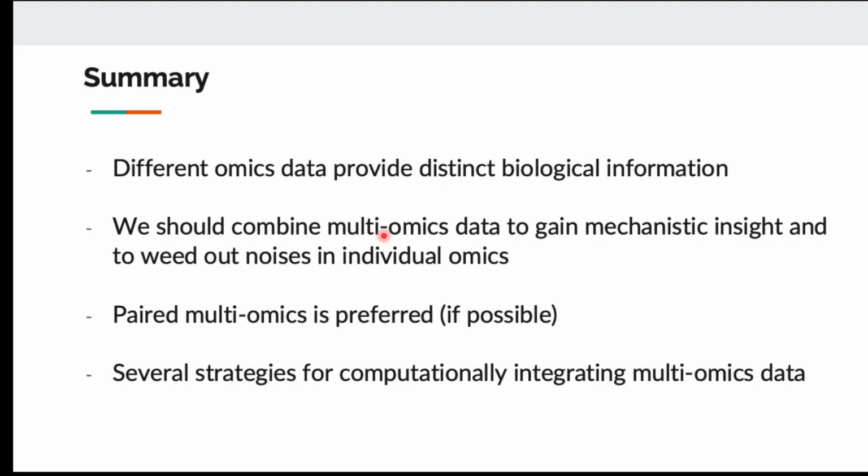So that's good news. We can integrate data. But the key point is we need to pick the right tool. We need to pick the right strategy to integrate the data because different techniques are good for different situations. So before you analyze the data, you probably have to read some review articles to identify which techniques or tools are good for which situation, and you can follow similar analysis.